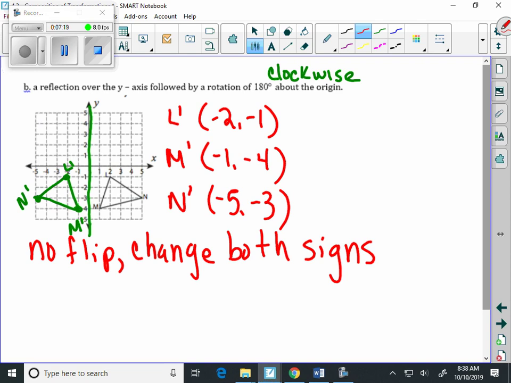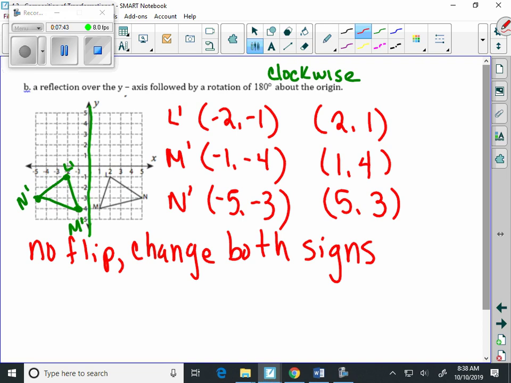So no flip. But we're going to change the signs here, and this becomes 2, 1. We change both signs. Over here, -1, -4 is going to become +1, +4. We change both signs. -5, -3 becomes +5, +3.